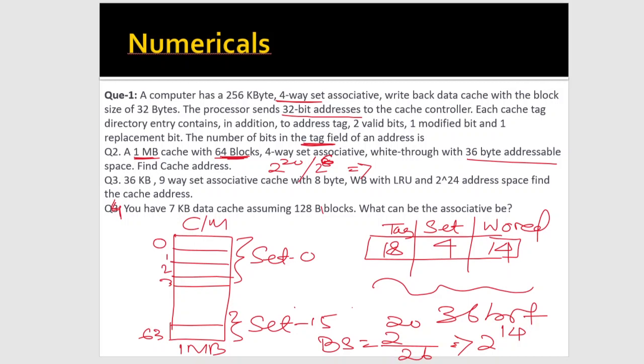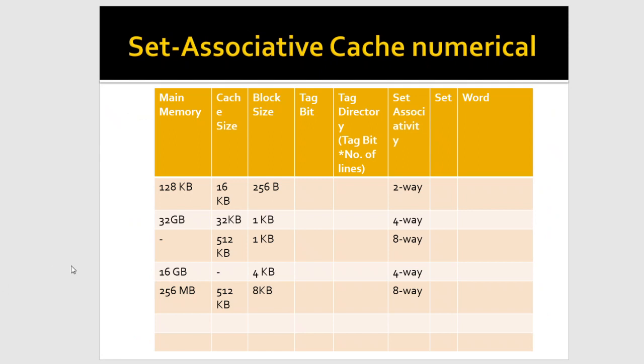Now coming to a few more additional numericals. Here, the same question we have done for direct mapping, but here we have modified it a little bit for set associative mapping. Now we have a 128 main memory. Cache size is 16 KB.